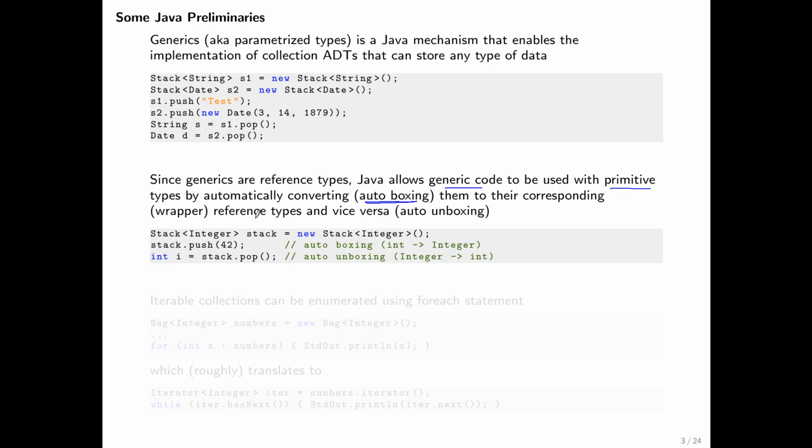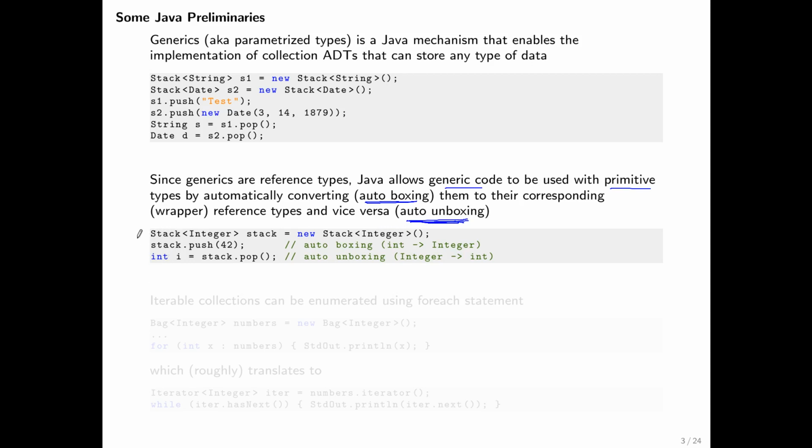And it also allows you to go from a reference type to a primitive type via what is called auto unboxing. Okay, so Java does this conversion implicitly for you. Okay, and that is illustrated in this piece of code here.